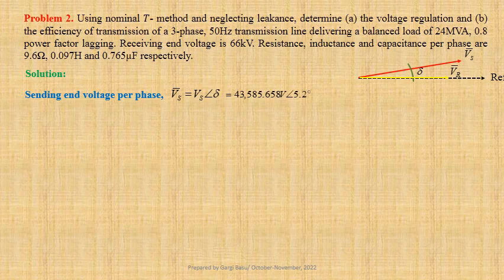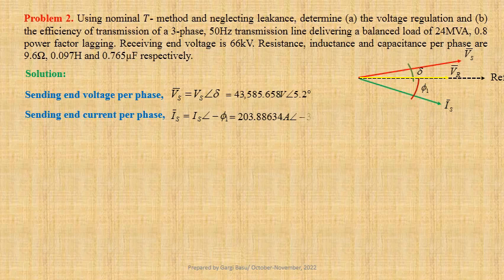We have computed sending end voltage per phase Vs equals Vs at an angle delta equals 43,585.658 volt at an angle 5.2 degree, and sending end current per phase Is equals Is at an angle minus phi 1 equals 203.88634 ampere at an angle minus 34.7457 degree.